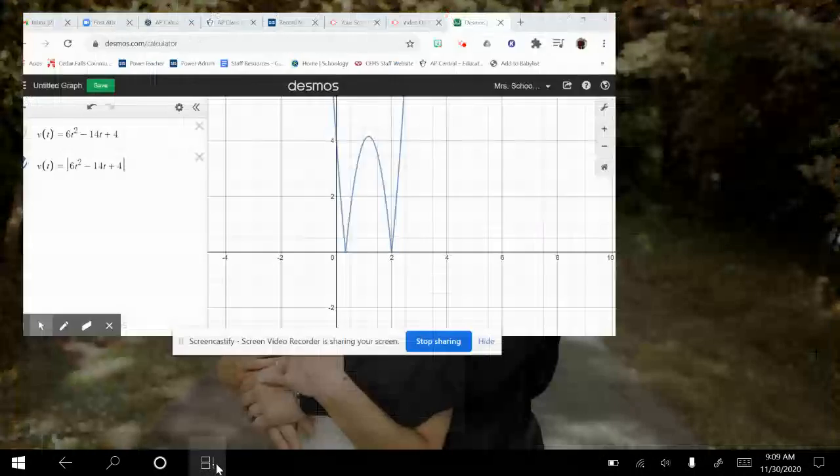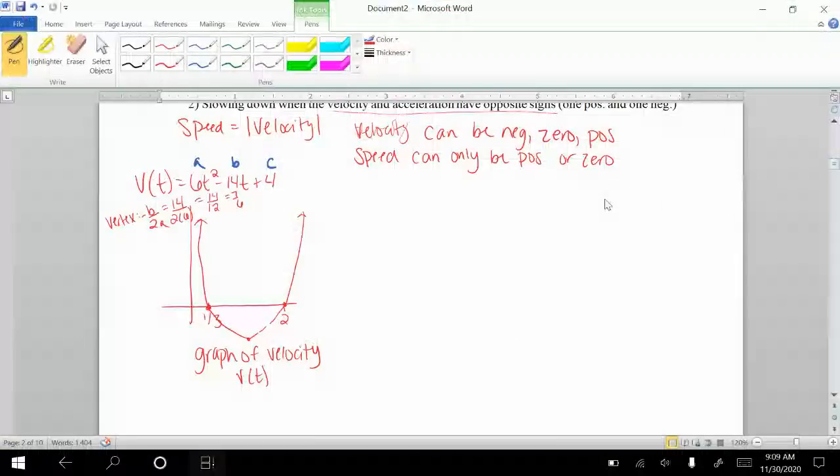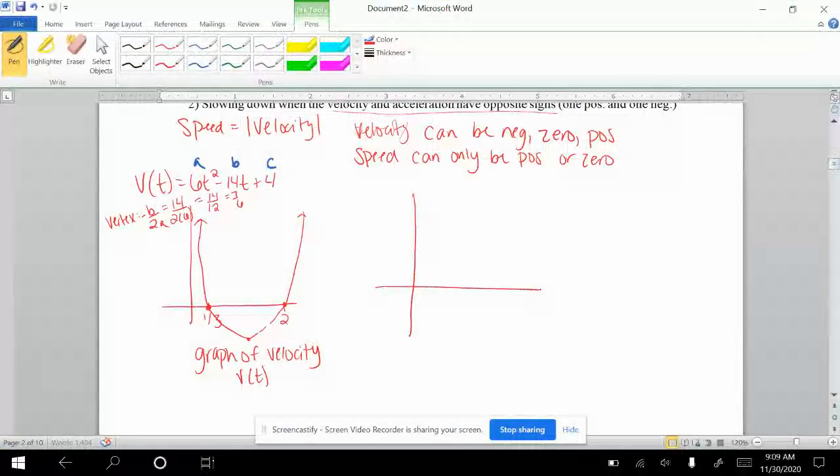If I come back over here to my notes, I'm just going to real quick sketch the speed graph so you see the difference. Here's 1/3 again. Here's 2. Those are my points. If I plug in 0, I get 4, so might as well have that as an accurate one too.